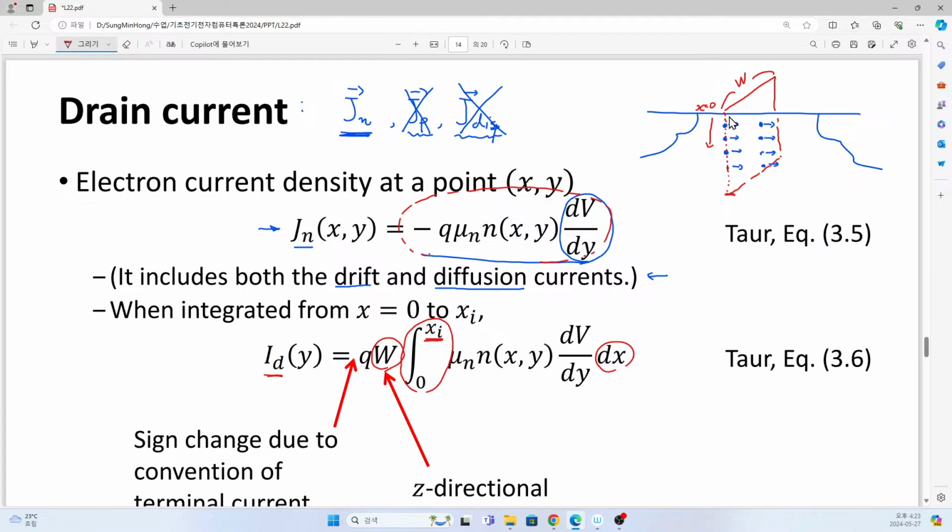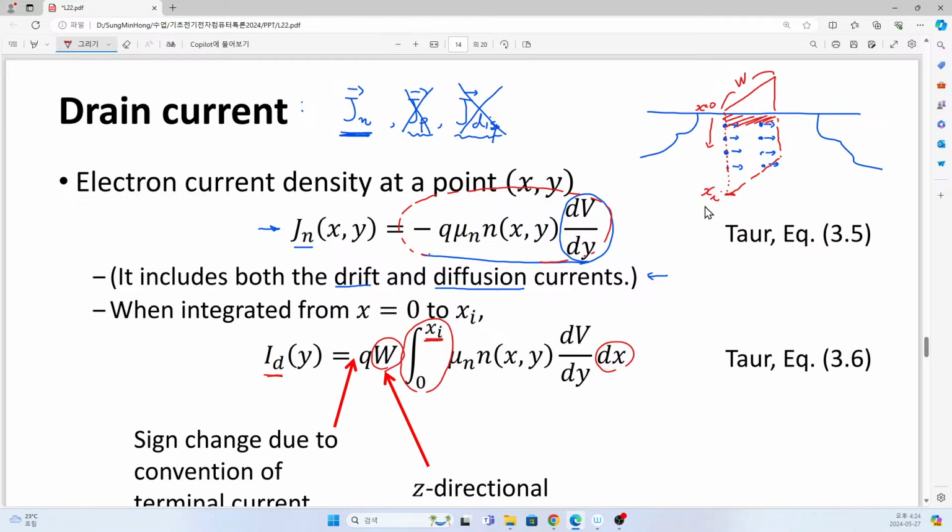Of course, our electrons will be located just nearby x equal to 0, so the selection of xi is not that important. If xi is several nanometers away from the surface, that is fine, but if we take it too short, that makes a problem.